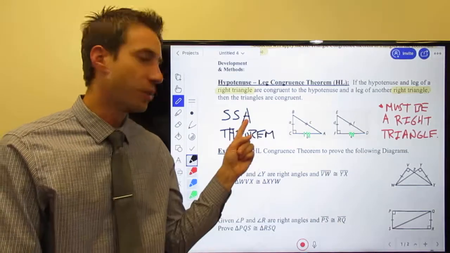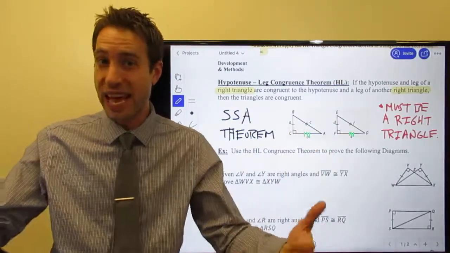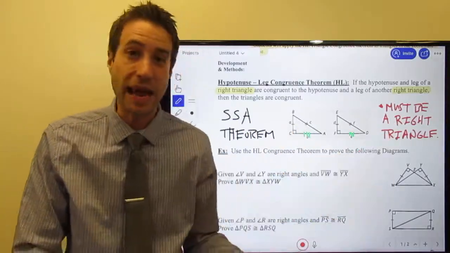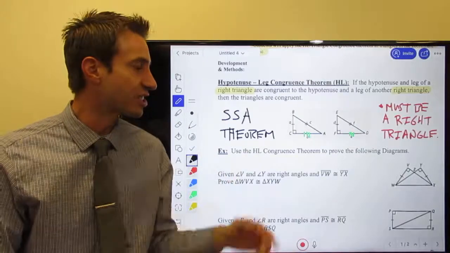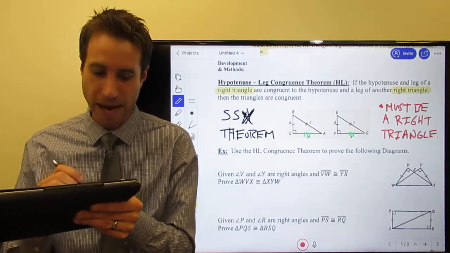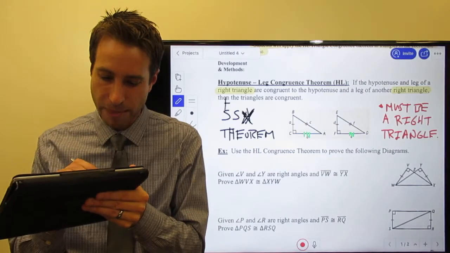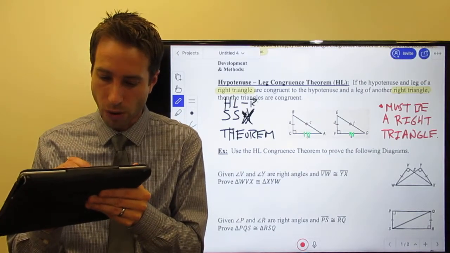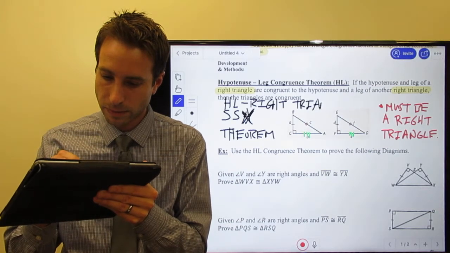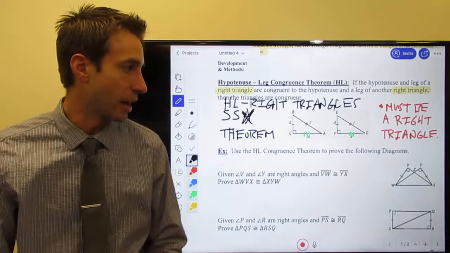We just don't care about the angle because they're already right triangles. I know that they have a pair of 90-degree angles in them. That's given to me. It has to be a right triangle. So we just leave out that angle part. It doesn't matter. And instead of calling it the side-side-angle theorem for right triangles, we call it the hypotenuse leg theorem for right triangles. Again, really, really important. It must be right triangles.